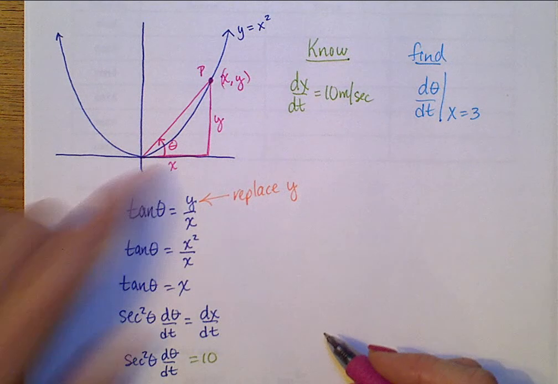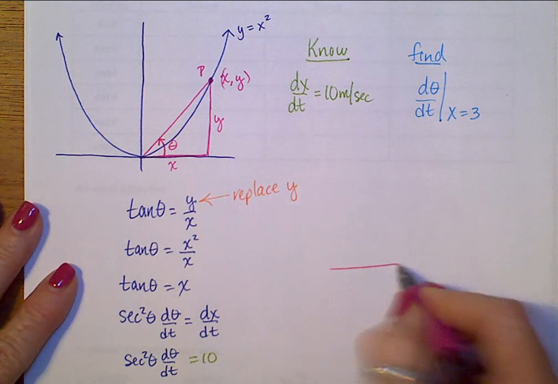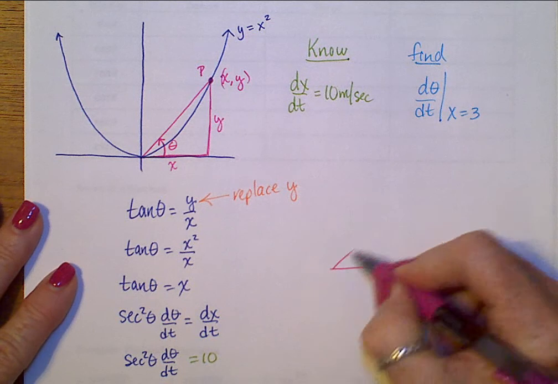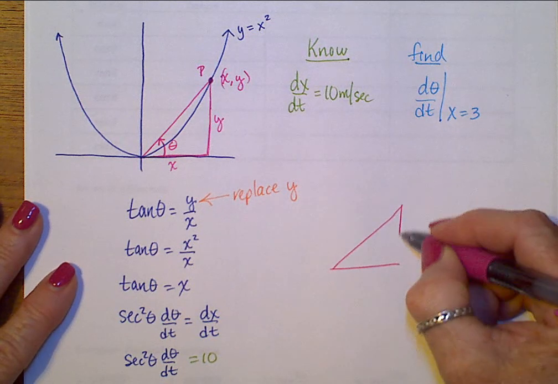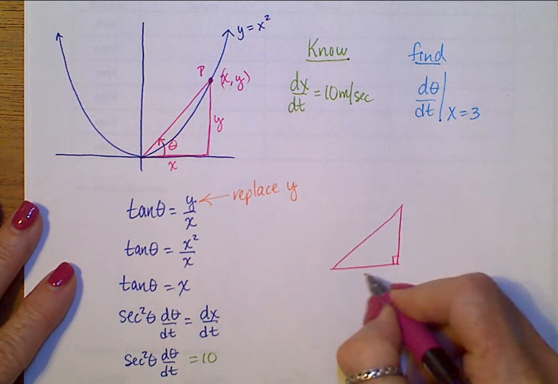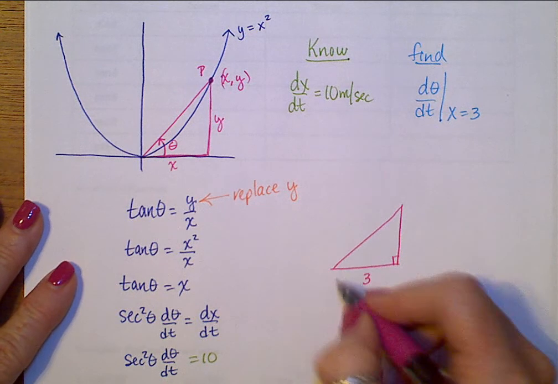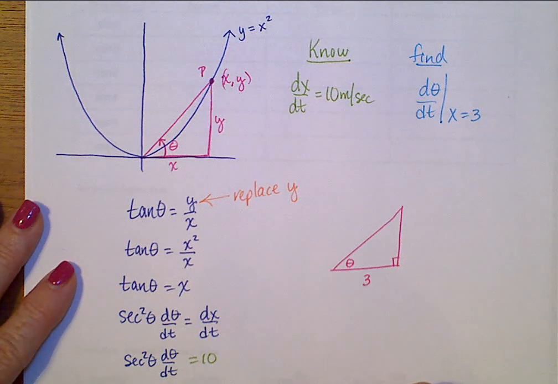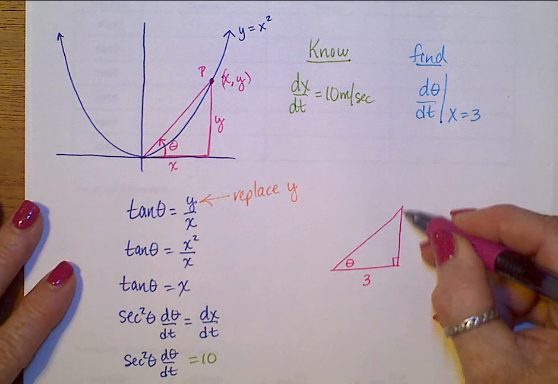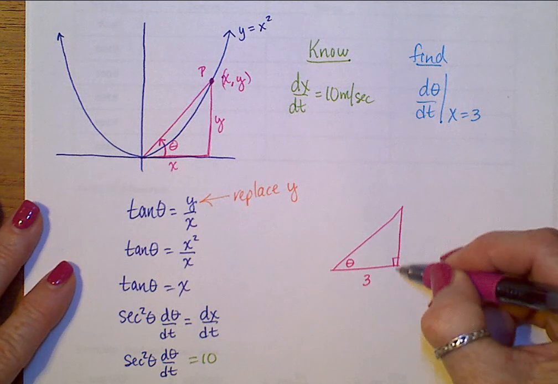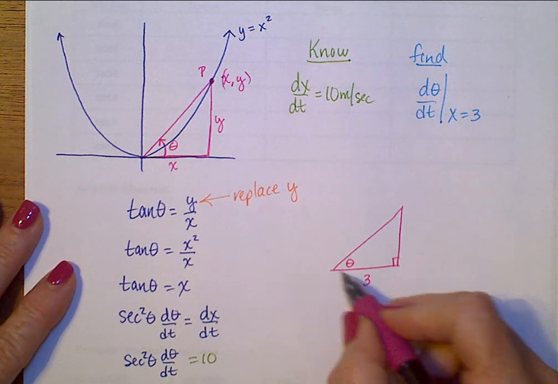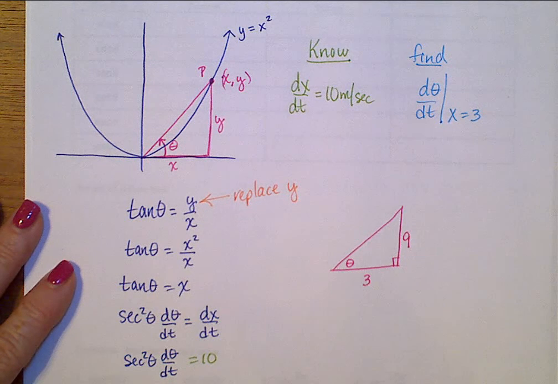It's easier to go off of this diagram. X is 3, so that's going to be here. Theta is here. And we know this because this graph is on y equals x squared. So if x is 3, this piece has to be 9.